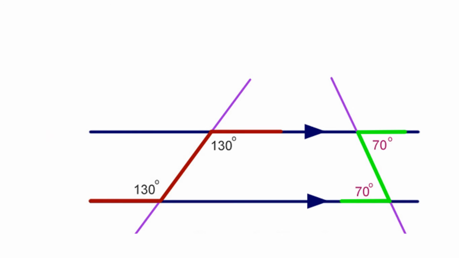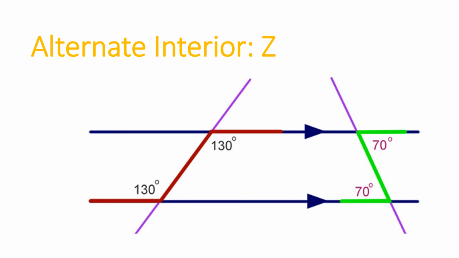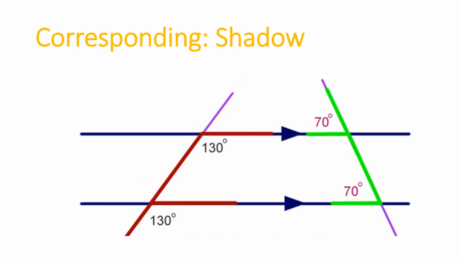This one's too easy. Alternate interior, Z, and we know that they are congruent. Shoot, this one already has the answer. Okay, well, it's corresponding. So actually, I'm glad. Do you see this?